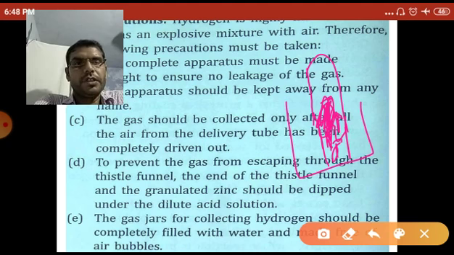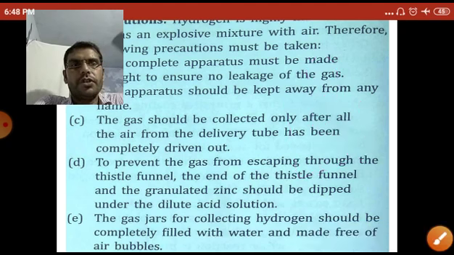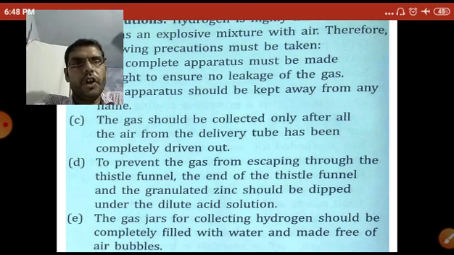The next precaution is that the gas jar for collecting hydrogen should be completely filled with water, ensuring that no air is present in the water or in the inverted gas jar during collection. So keep in mind all of these precautions during the formation of hydrogen in the laboratory.